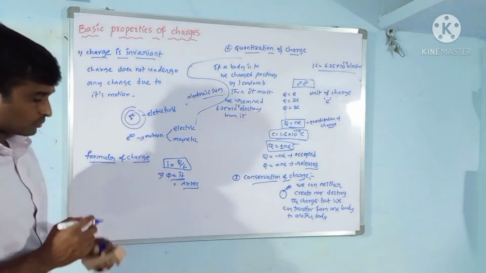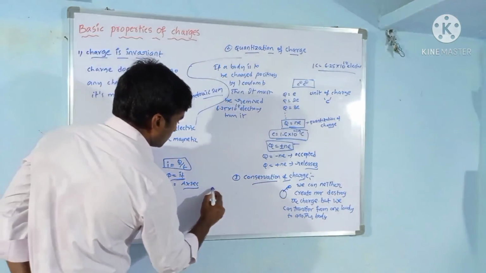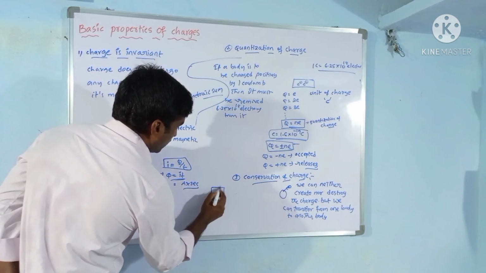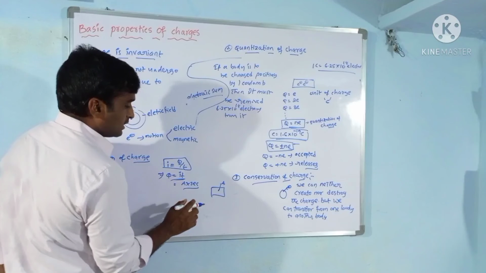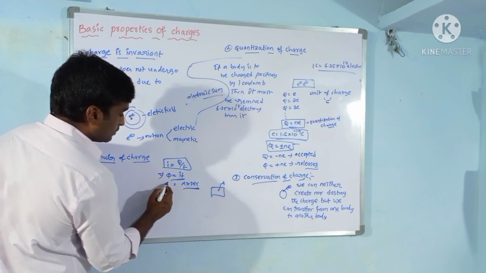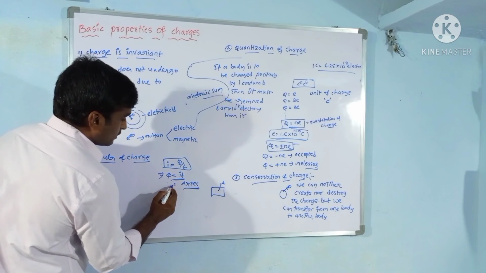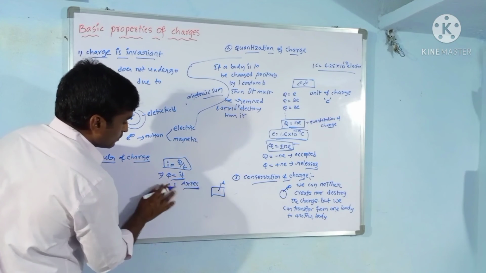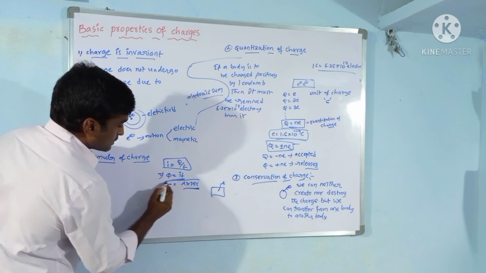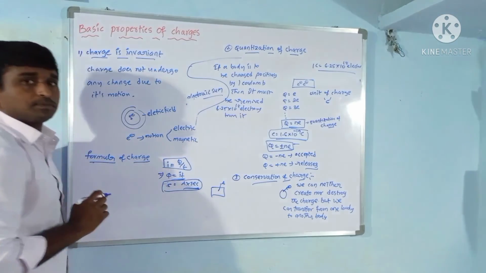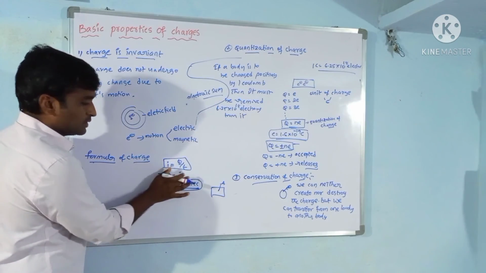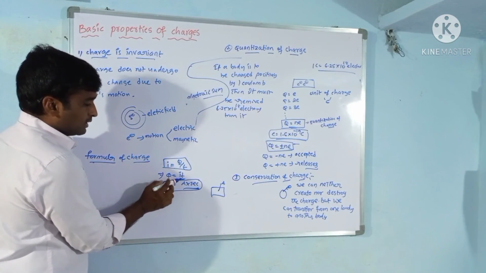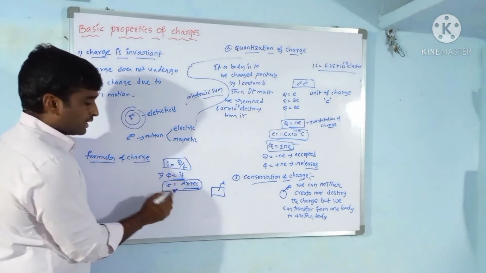When 1 ampere of current passes through a body in 1 second, the charge is equal to 1 coulomb. See here, the formula of the current is I is equal to Q by T. From this equation we can write Q is equal to IT. I is current, the unit of current is ampere.